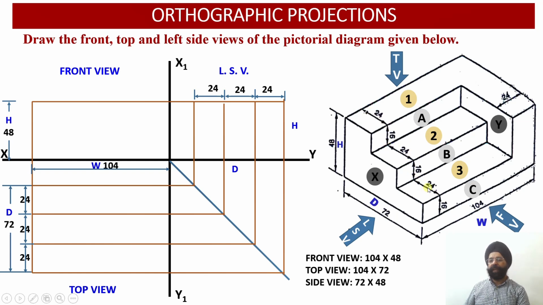So along this particular side this edge length is equal to 24 millimeter. As we look from the top, we will see that here you have 24, 24 and 24. So these mark the three steps orientation. Since we have marked them along the depth in the top view, the same dimensions have been transferred to the left hand side view.